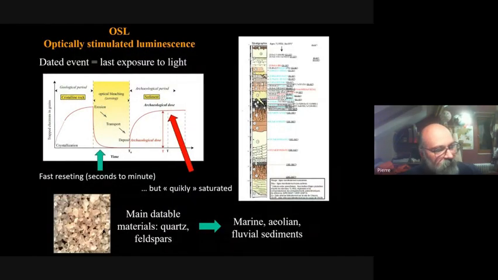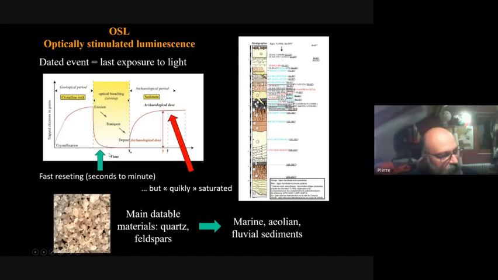So the second method, based on quite the same process, is optically stimulated luminescence. Here, like for thermoluminescence, we try to free the trapped electrons by giving some stimulation, but this stimulation is given by a laser pulse.